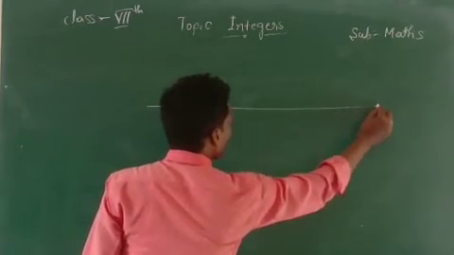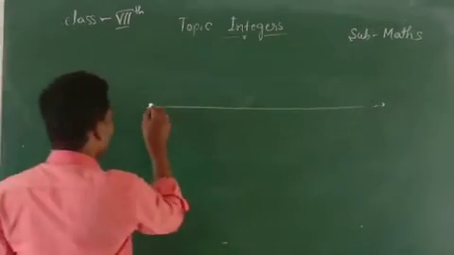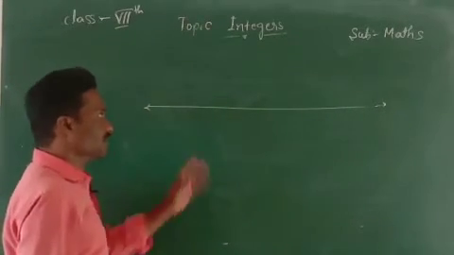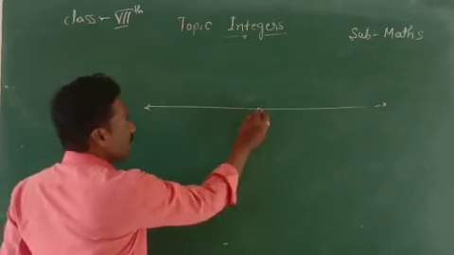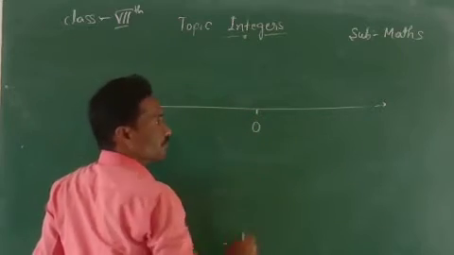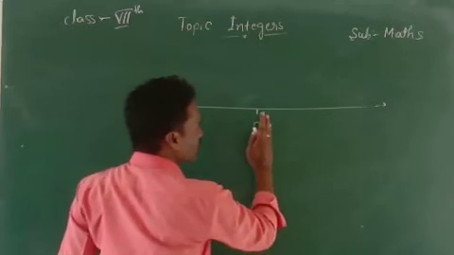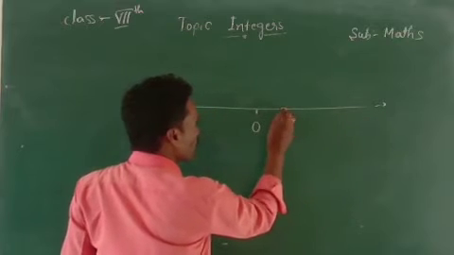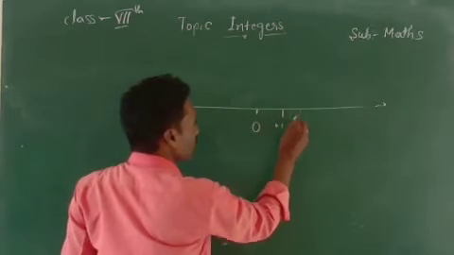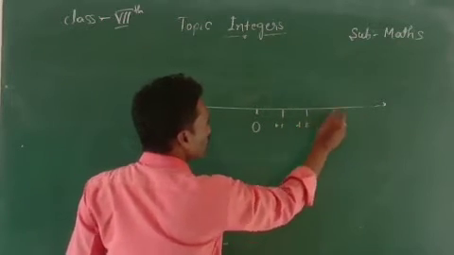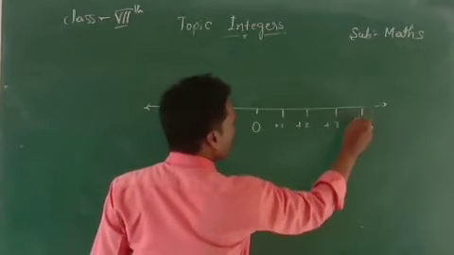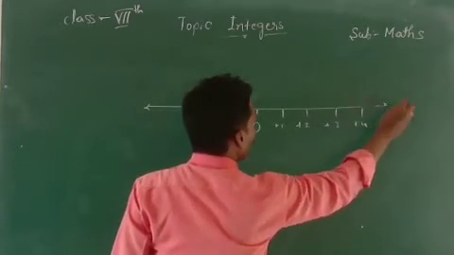Here, what you learned in the previous class, that only I will take here. Suppose I am going to represent the number line. If I am representing the integers on the number line, in the middle it will be 0. To the right side of 0 we go with the positive numbers, plus 1, plus 2, plus 3, plus 4, and it will go on.